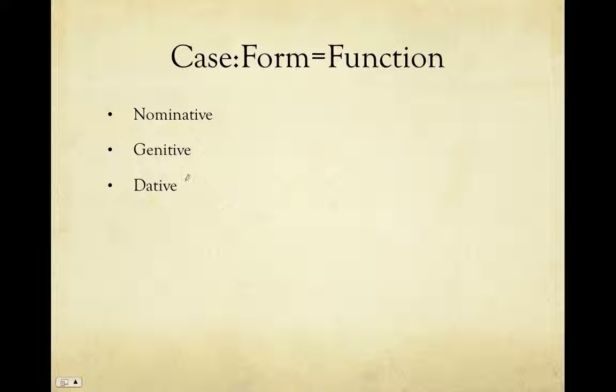The third of our cases is the dative. The most common use of the dative, actually there are a number of different uses, but really we can translate this as to or for, and one of the common uses is as an indirect object. So, I give money to Titus.